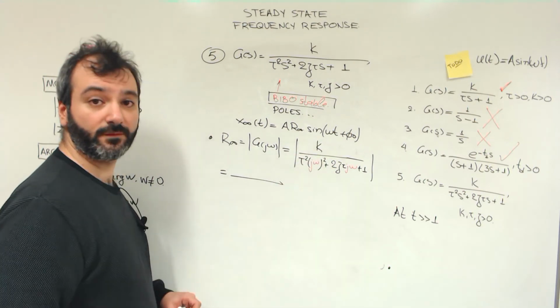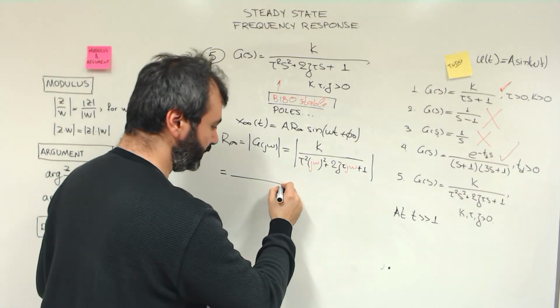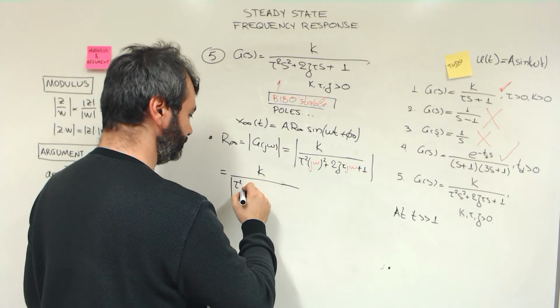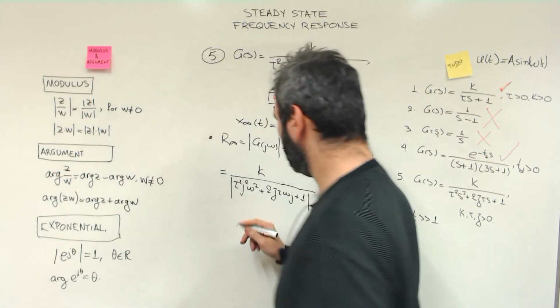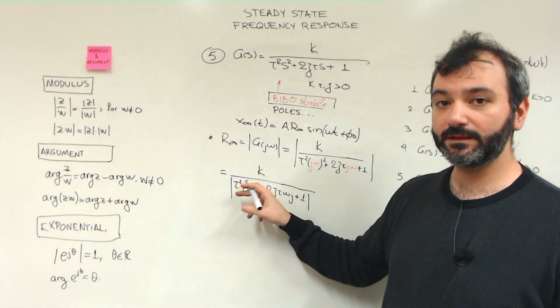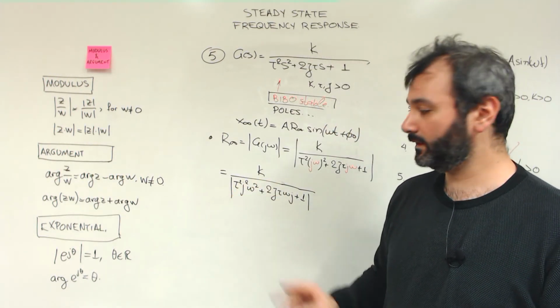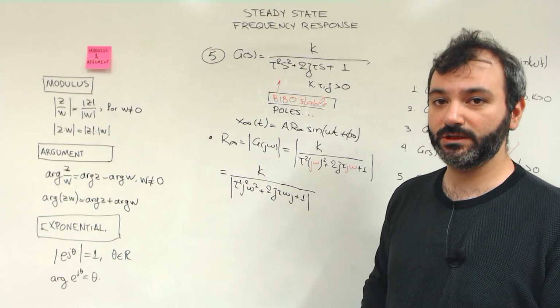Modulus of a fraction. Again, same story. Look now, here we have tau squared, j squared, omega squared. j squared, by definition, is equal to -1.